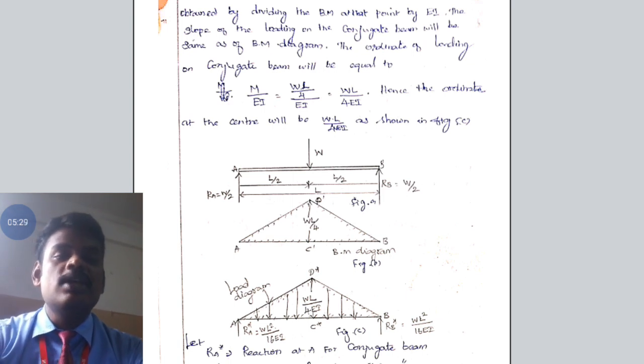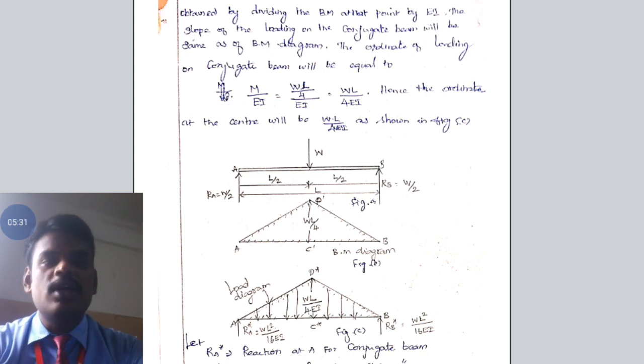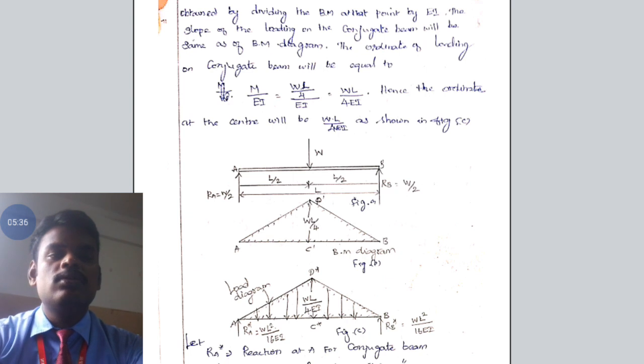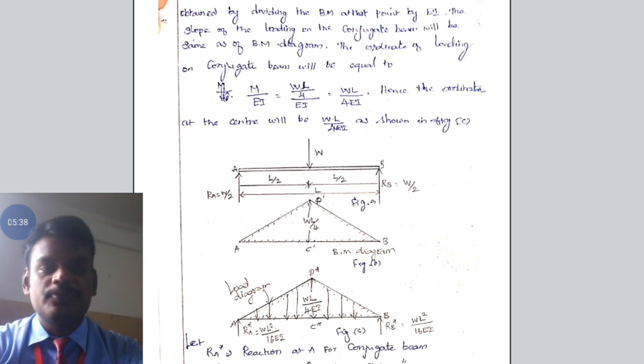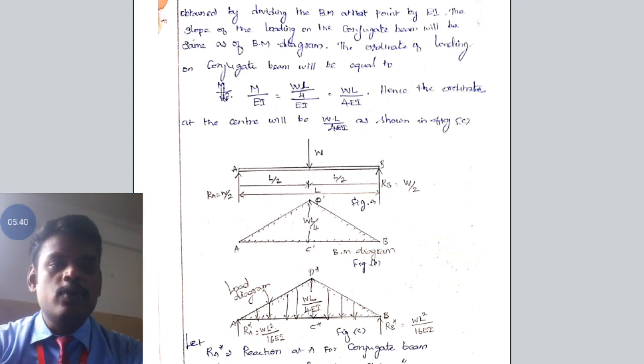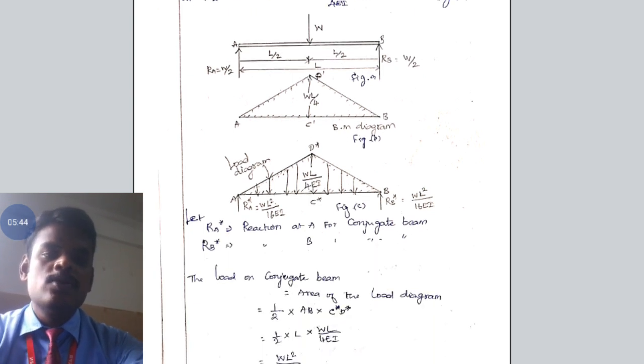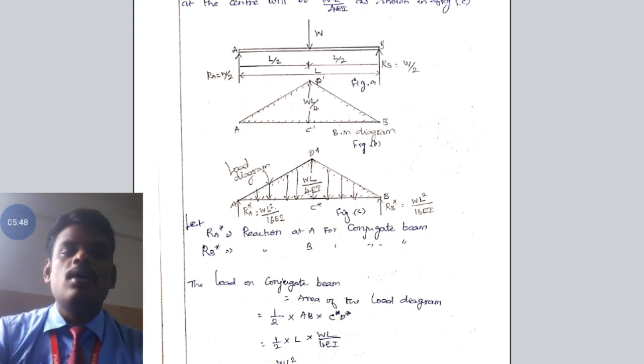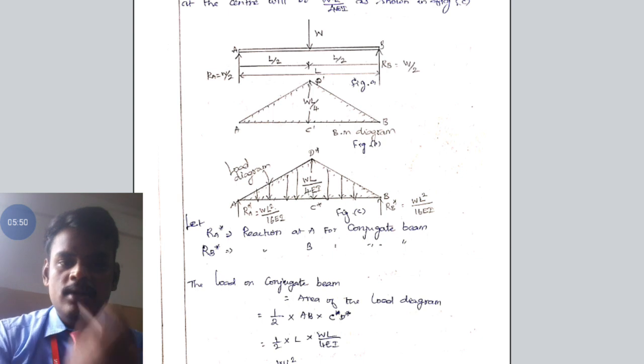Here M is WL by 4 divided by EI, so finally we get WL divided by 4EI. So WL by 4EI is the loading value for our conjugate beam. At the mid portion, its value is WL divided by 4EI.